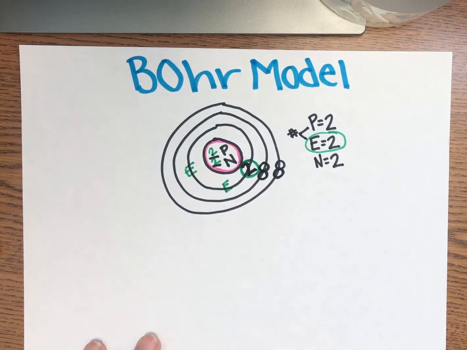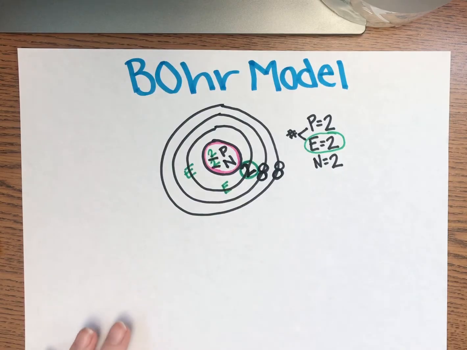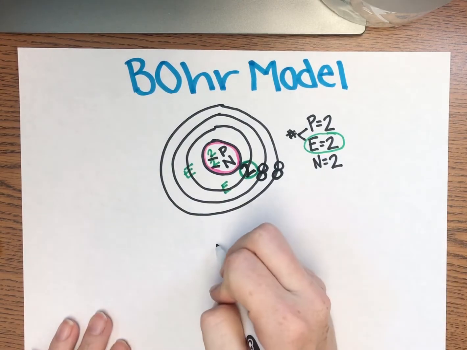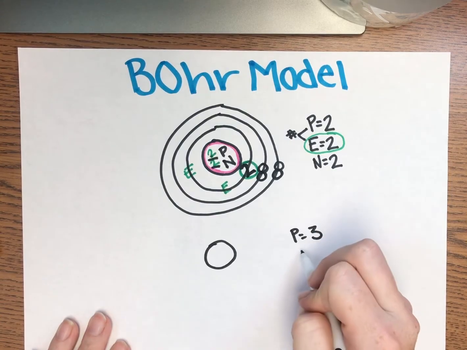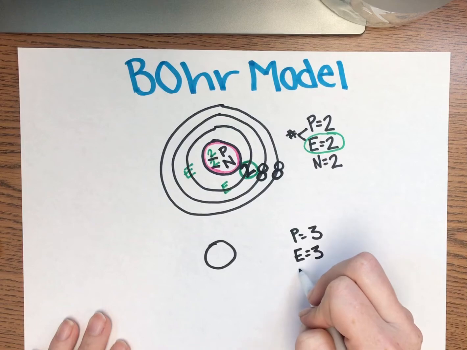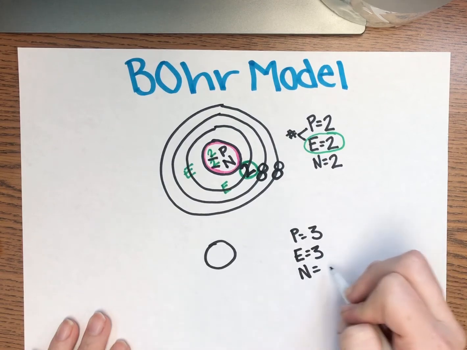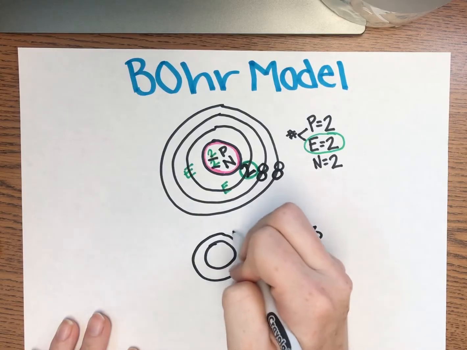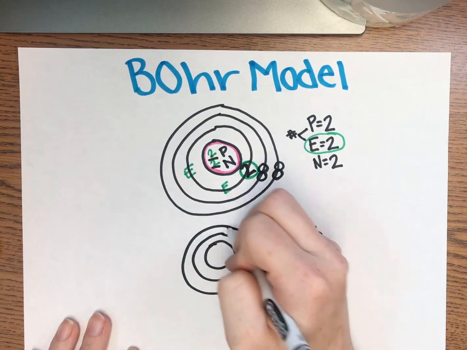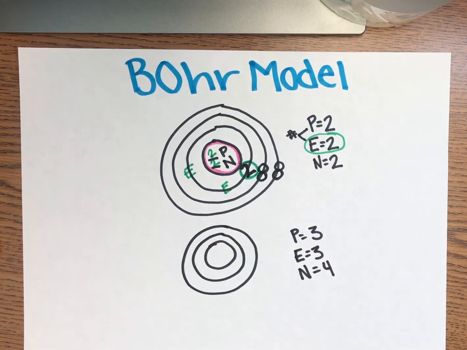If we were to do another atom that has 3 protons, 3 electrons, and we can mix up the neutrons and we'll say 4 neutrons, then we're going to have to draw our atom.